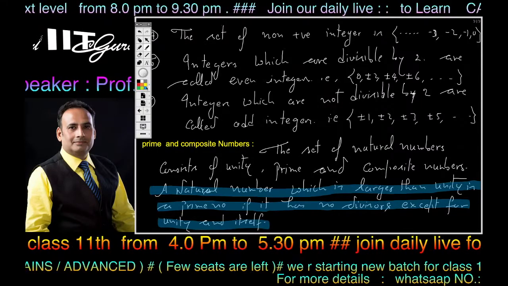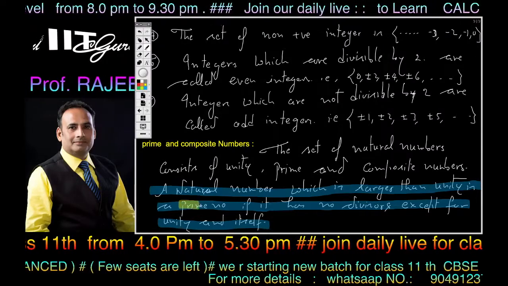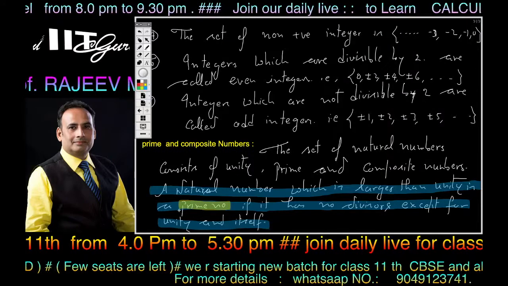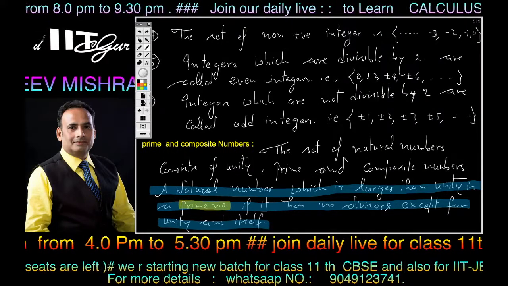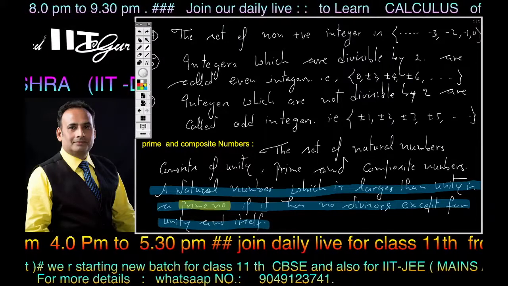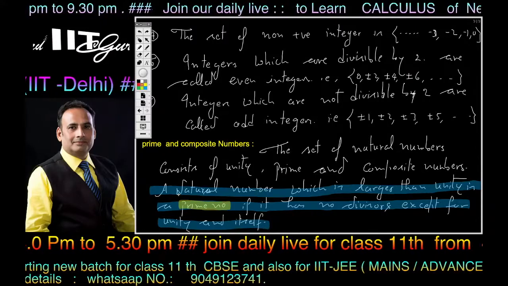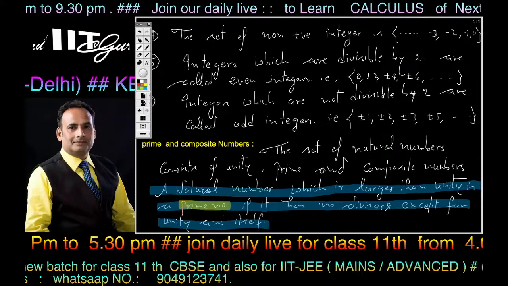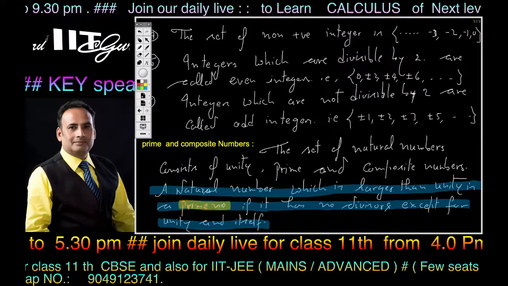This is called the prime number. Is this all right? Is this clear to everybody?